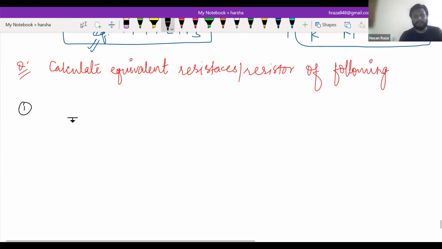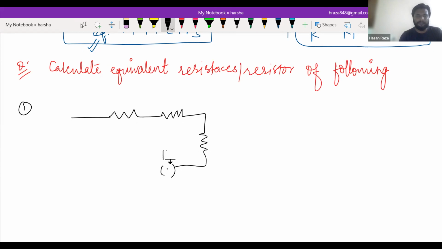The first one is like this. This is 4 ohm. This is 3 ohm. This is 3 ohm.